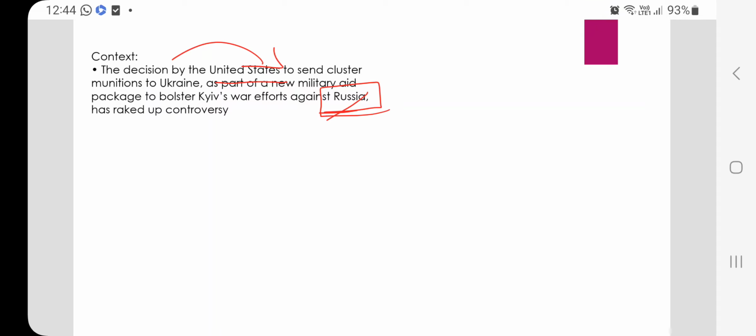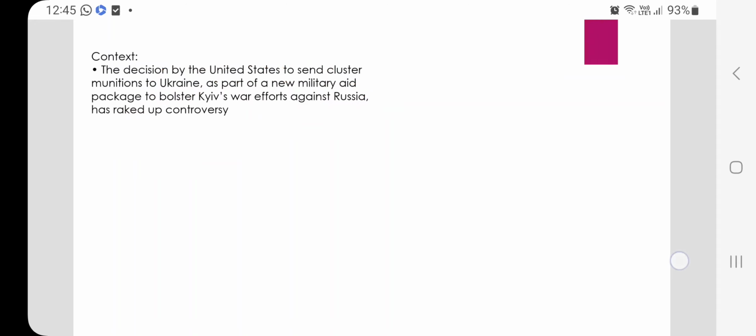So as a counter-retaliation, the US is assisting Ukraine with this as part of military aid, which Ukrainian forces have also started using against the Russian forces. The later use of these bombs, which is prohibited under international law, has triggered a major controversy.